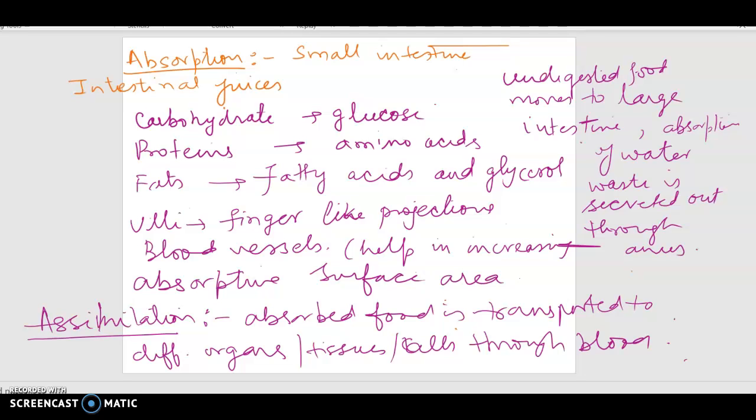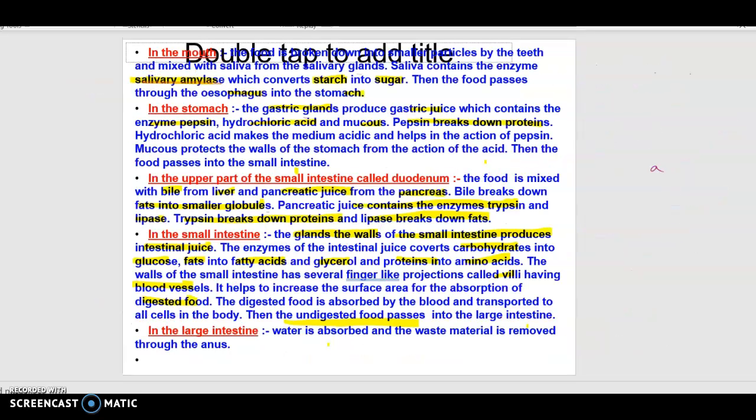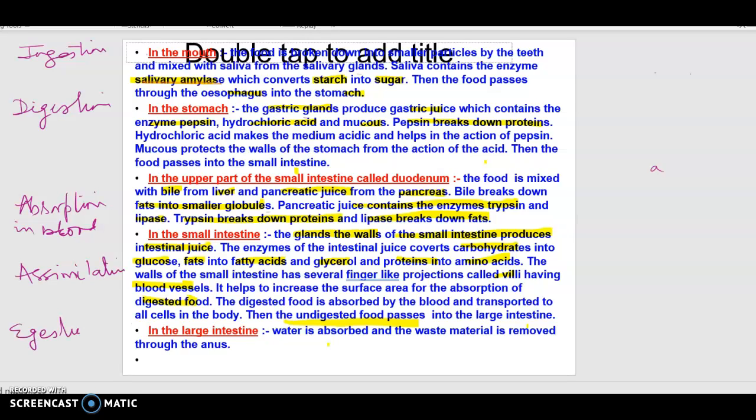So this is about the whole process, how digestion occurs. Ingestion, that is intake of food, occurs in the mouth, digestion in the stomach, and then absorption of food in blood in the small intestine, assimilation also in the small intestine, and finally egestion, that is absorption of water, occurs in the large intestine.